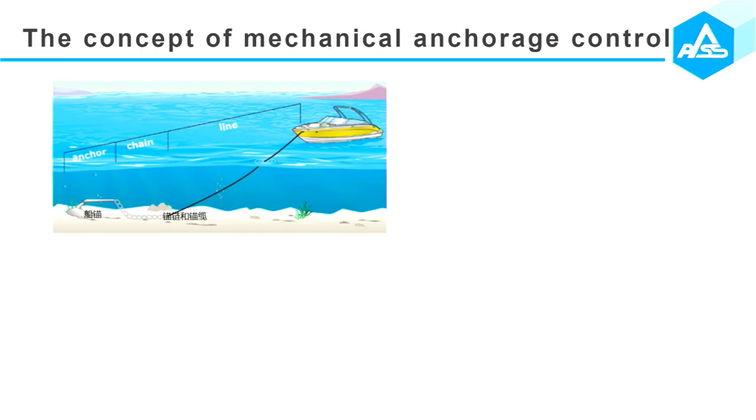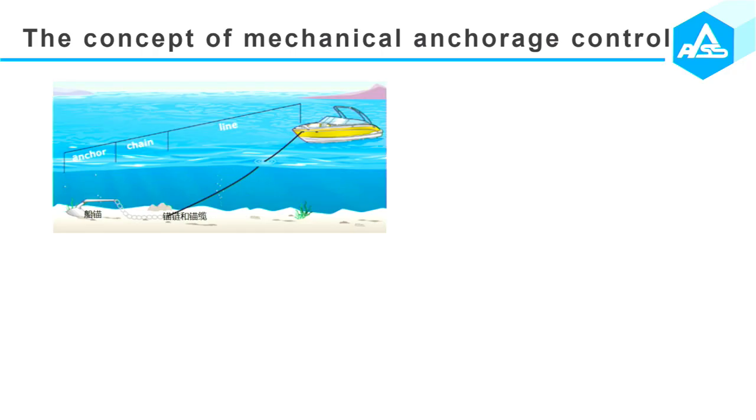It originates from the mooring of a boat after it docks at shore. When a boat docks, if we don't want it to drift away, we tie it to an anchor, right?